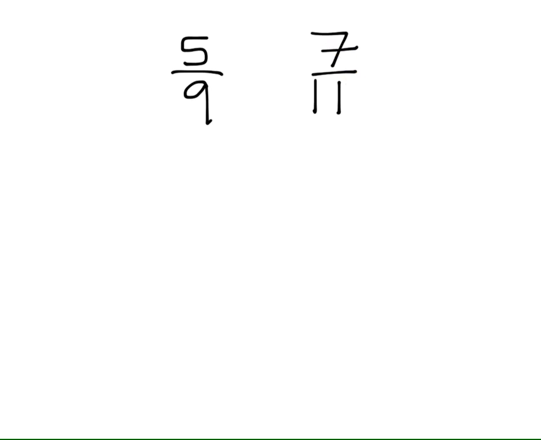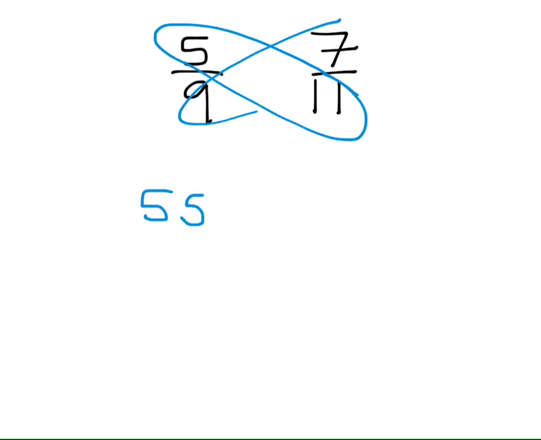Well, they both happen to be reduced already, so I know the answer is probably going to be no. If I want to really double check it, I can check their cross products. Take 5 times 11, that's 55. Take 9 times 7, that's 63. Well, those are not equal, so I would say no, these two ratios are not proportional. Those are not equivalent. So that's just comparing ratios to find out if they're proportional.